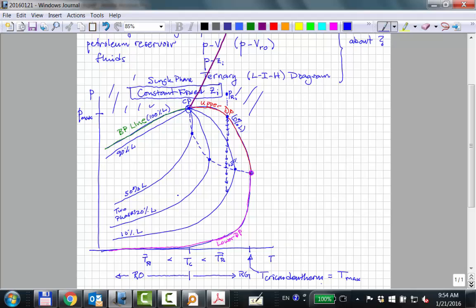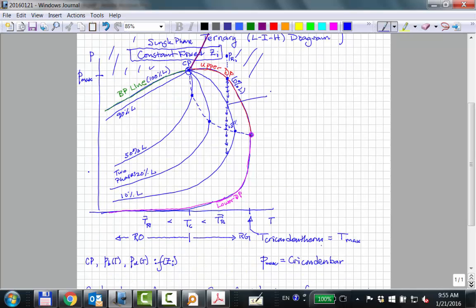So in this region where we're getting increasing condensation as you lower the pressure, that's referred to as retrograde condensation. Problem is I want to use this area on the right at some point.